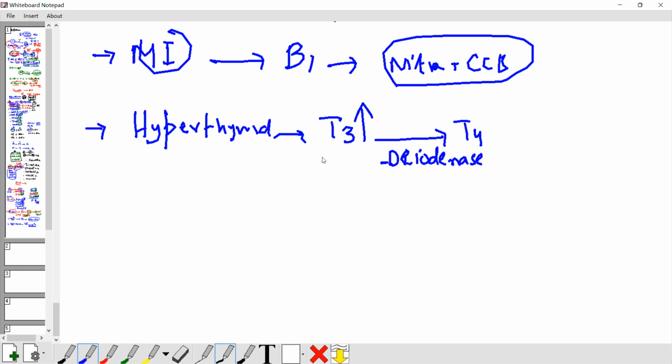This deiodinase present in tissue is known as peripheral deiodinase. Okay. In hyperthyroidism, the patient has what about blood pressure?